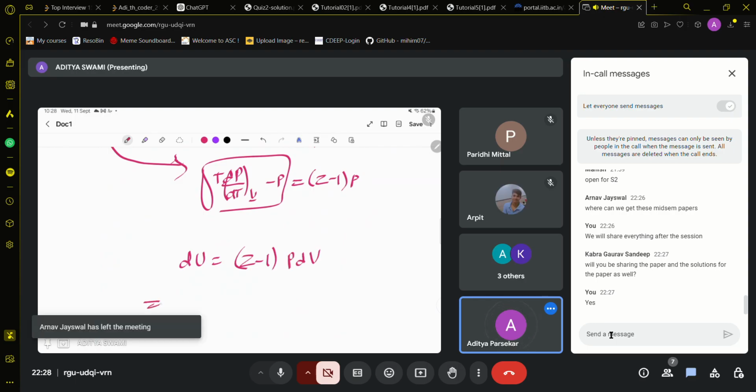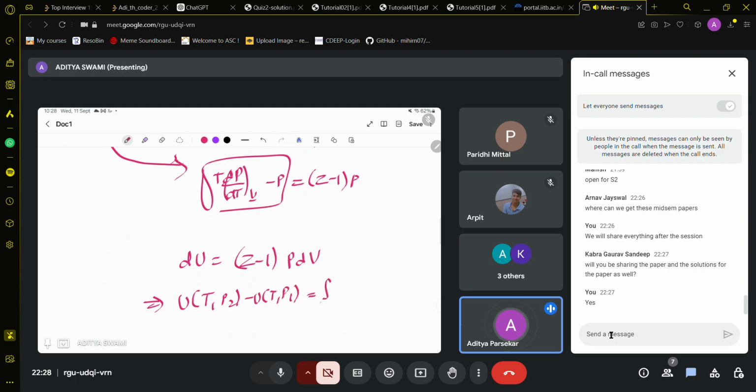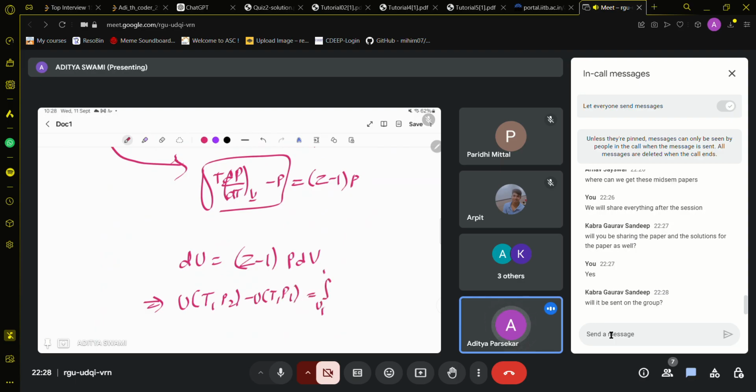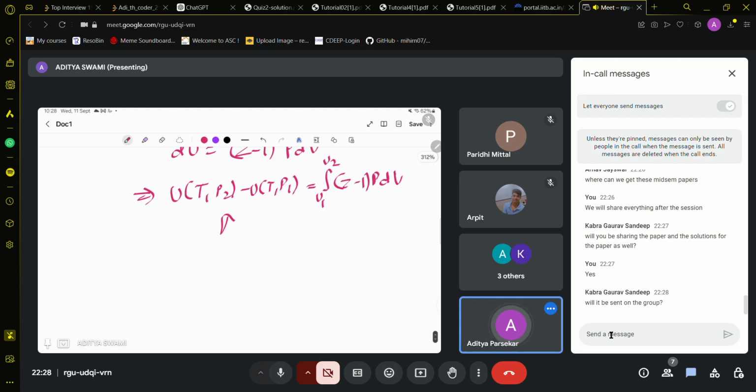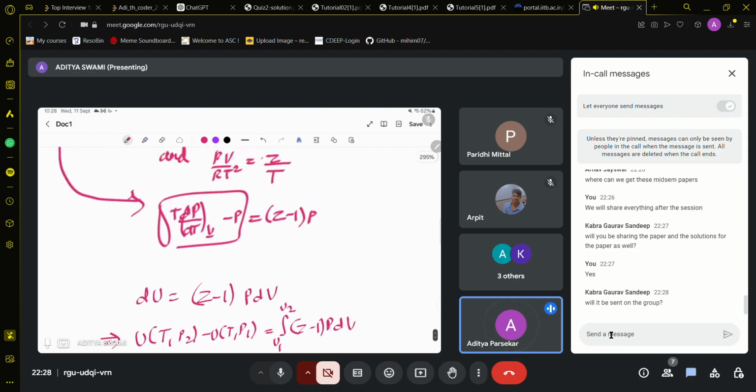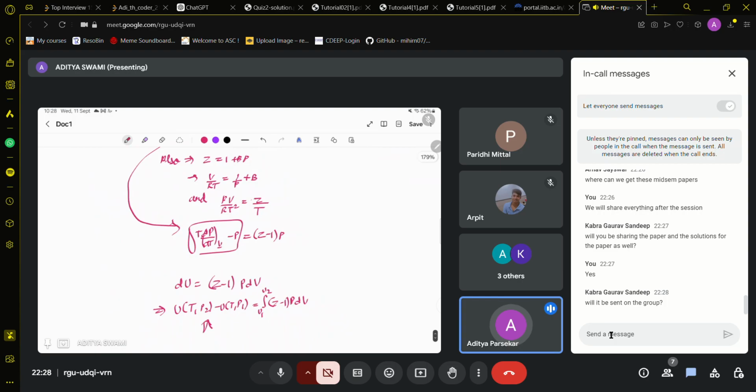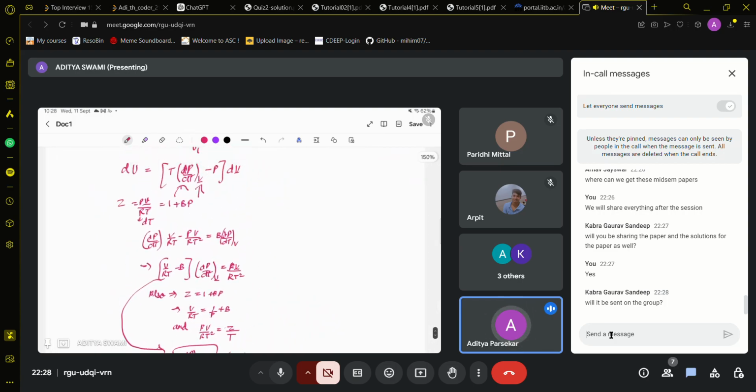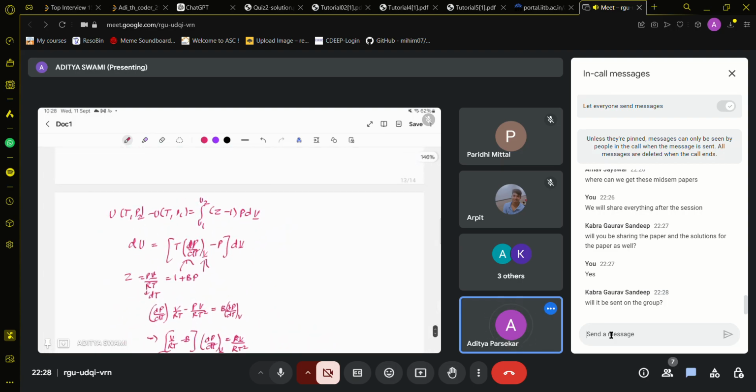So we can integrate both sides, and we'll get that U at T,P2 minus U at T,P1 is equal to the integral from v1 to v2 of (Z minus 1) P dv. As you can see, it was not very difficult, although when I actually solved it during my midsem, I got pretty confused. What you need to consider is you first take the relation that has been given to you.